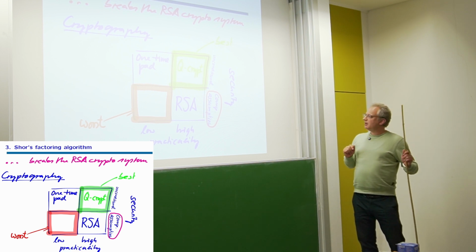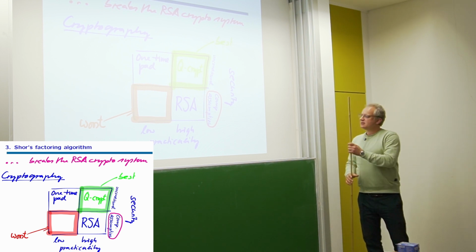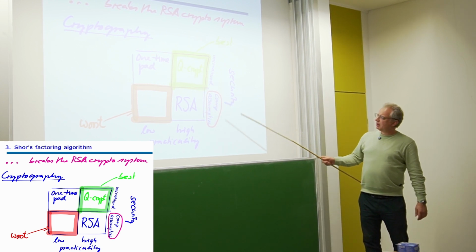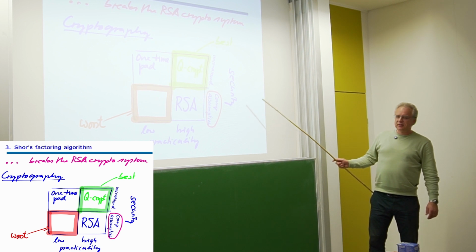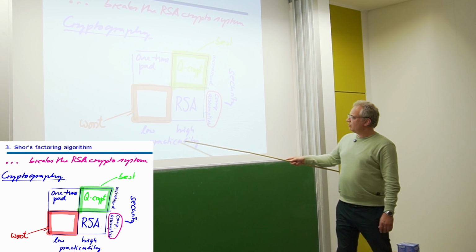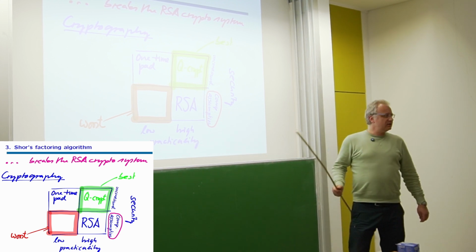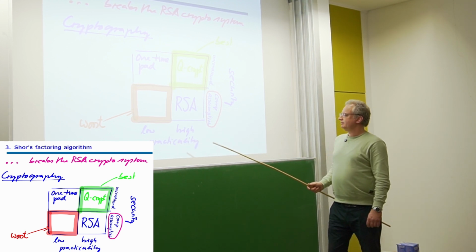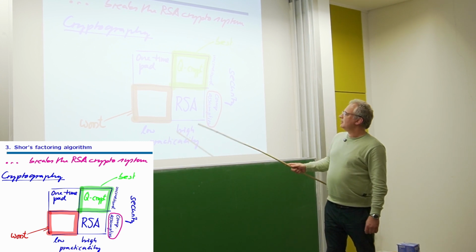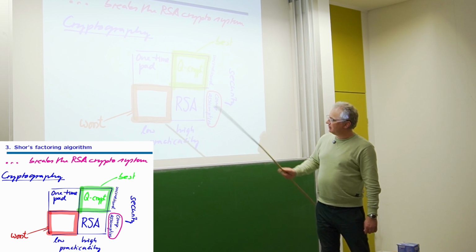Such cryptography schemes exist, and our example, RSA, is one of those. So that's weaker, but maybe still worth considering. The other criterion is whether the scheme is practical or requires very convoluted schemes. So practicability may be high or low.